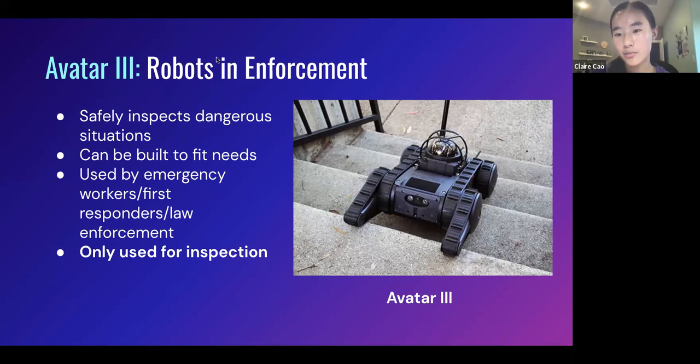To be clear, the Avatar 3 is used in law enforcement, and law enforcement should not be killing people. And first responders like firefighters and emergency workers like doctors in a dangerous situation. Yeah, it is kind of direct if the AI is autonomous. But this AI isn't killing anyone, it's just assisting people. Yes, so the Avatar 3 is built to assist people, however, other military robots are not.